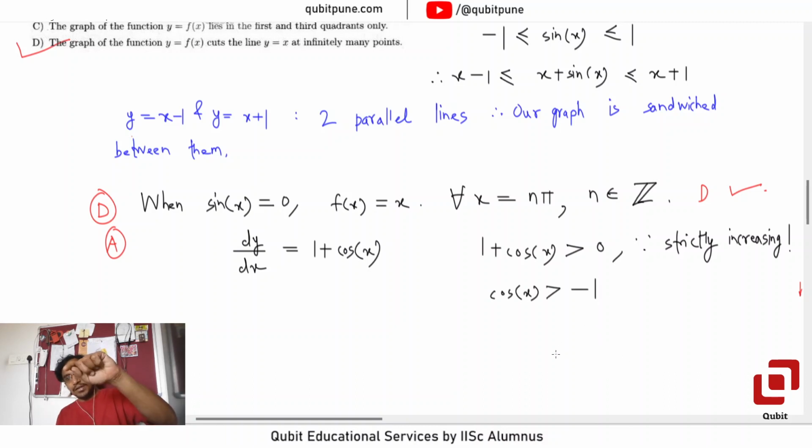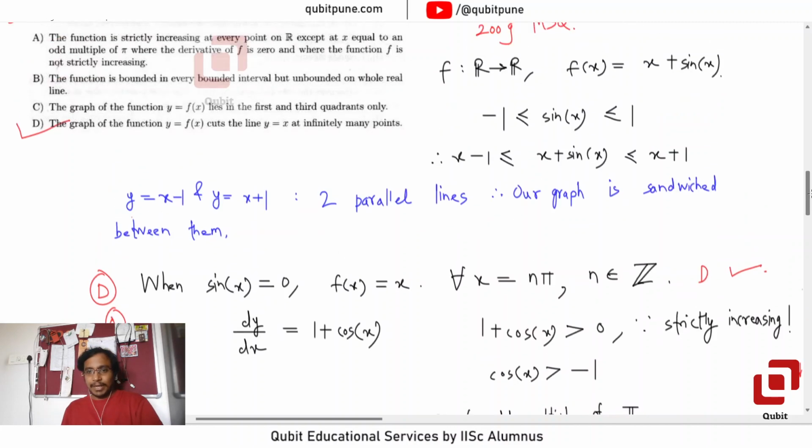Now cos x must not be equal to its minimum value, which happens at pi, 3 pi, 5 pi, 7 pi, so x cannot be an odd multiple of pi.